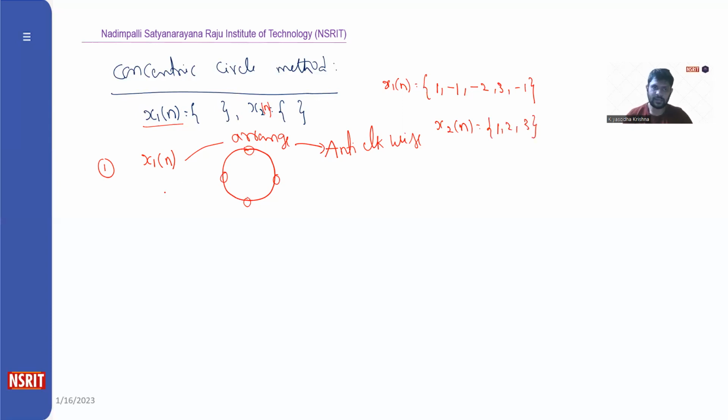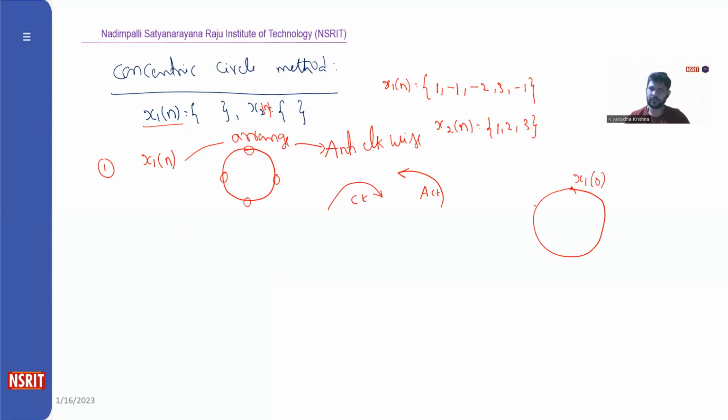So now the first point is that you take x1 of n in an anti-clockwise direction. We know that this is clockwise and this is anti-clockwise, as per the time value. So first I take a circle, then I arrange in an anti-clockwise direction.